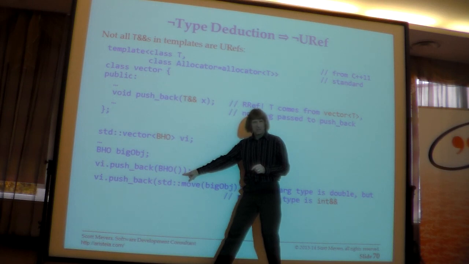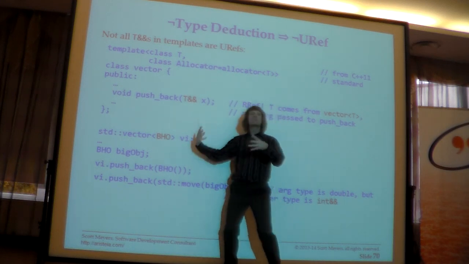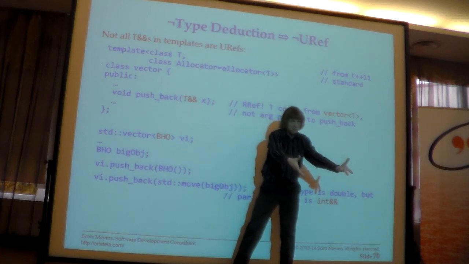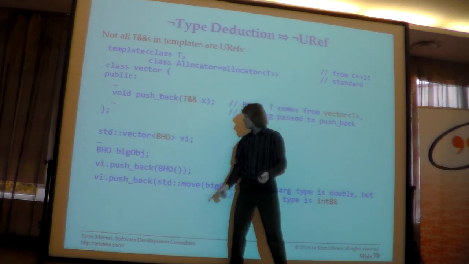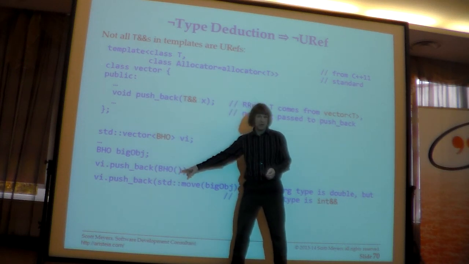That's an rvalue. The constructor will be called here. It'll be bound to the reference x. Nothing else will be created. It'll then be moved into the vector. At the end of the call, this temporary will be destroyed.